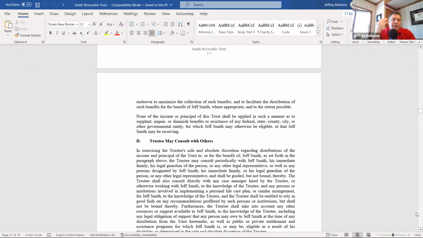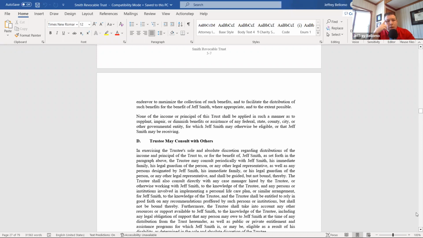And that is because for SSI purposes, there are some deeming rules where if you distribute something for food and shelter, it's actually income, which will then reduce the benefit that's being received in subsequent months.